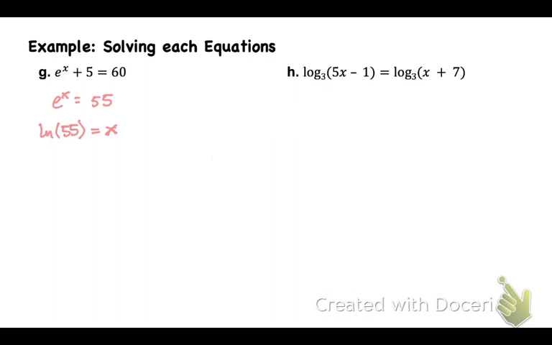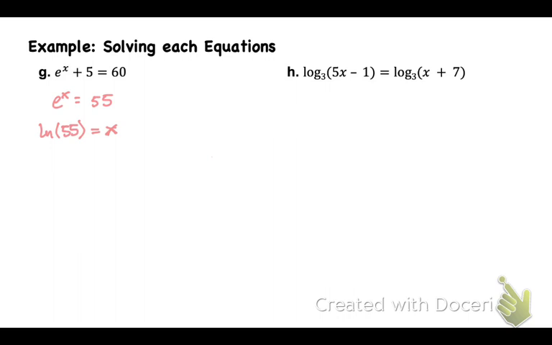Okay. Log base 3 of 5x minus 1 equals log base 3 of x plus 7. Probably change form of both sides.